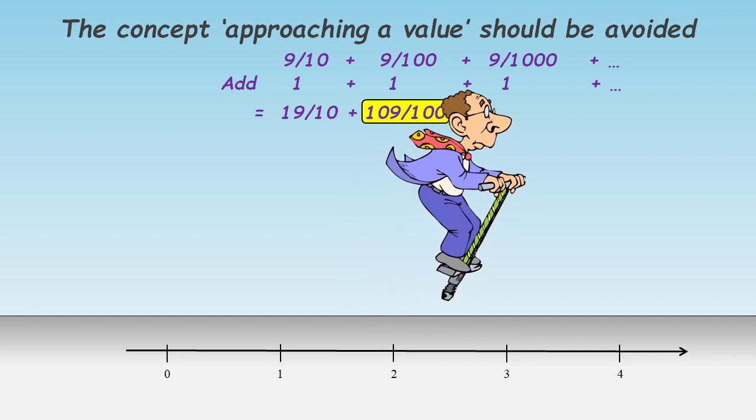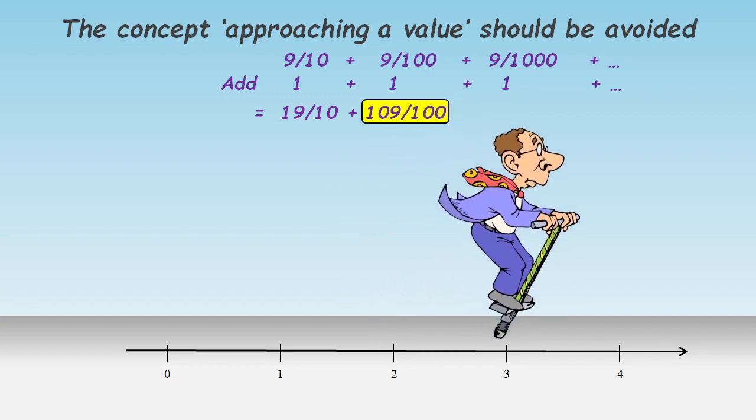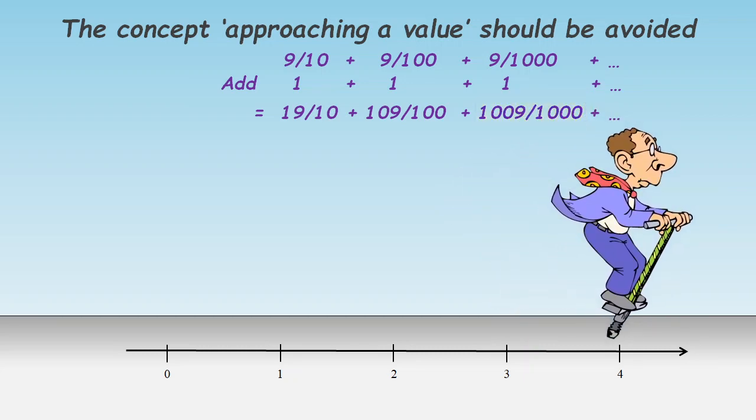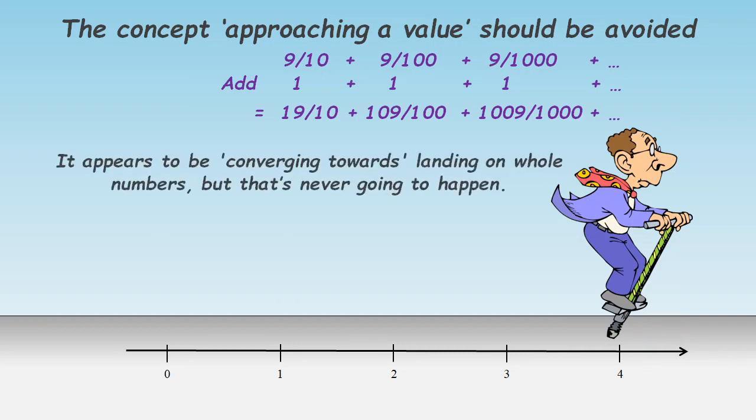So our next jump is a little over 1 unit. Next, we add the third terms, and we get 1009/1000. And the series of jumps continues. But no jump will ever be exactly 1 unit, and no jump will land exactly on a whole number.